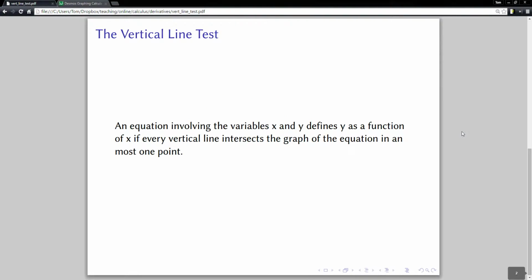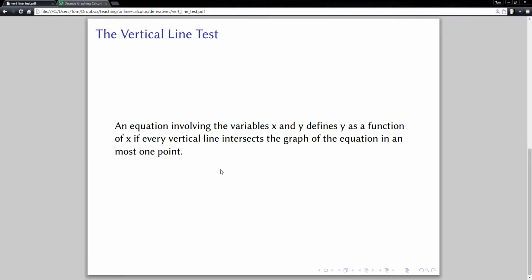So first off, the statement of the vertical line test: an equation involving the variables x and y defines y as a function of x if every vertical line intersects the graph of the equation in at most one point. So if I have a vertical line, I can take a look at the graph of the function, and that vertical line may or may not intersect the graph.